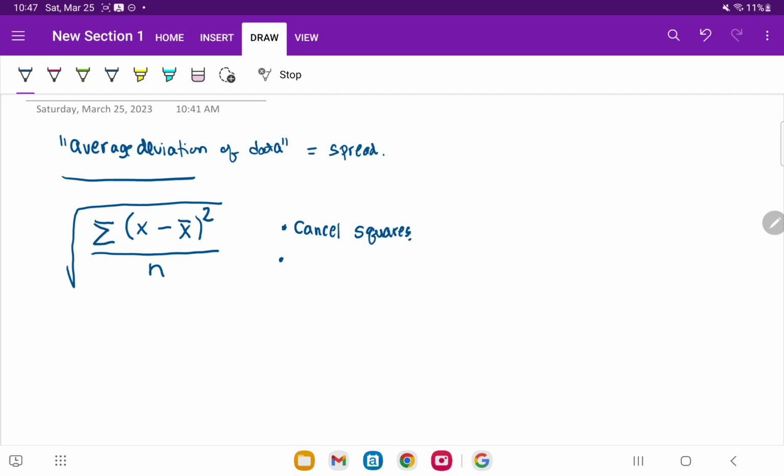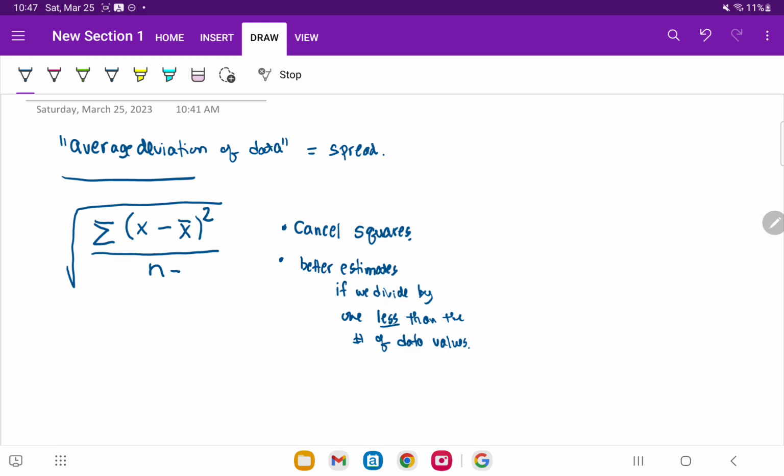And second of all, there's a technical reason that comes later in your study of statistics. We get better estimates if we change that n to an n minus 1. So if we divide by 1 less than the number of data values.